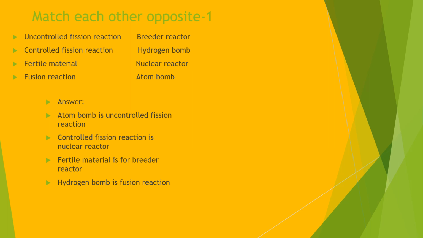It will destroy places just like Hiroshima and Nagasaki. Second, controlled fission reaction is the nuclear reactor. In a nuclear reactor, fission is controlled by using boron rods. Fertile material is for the breeder reactor. Hydrogen bomb is the fusion reaction.